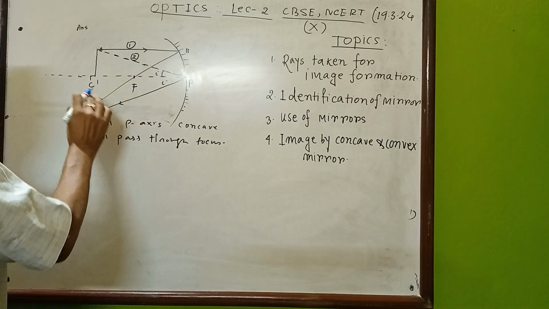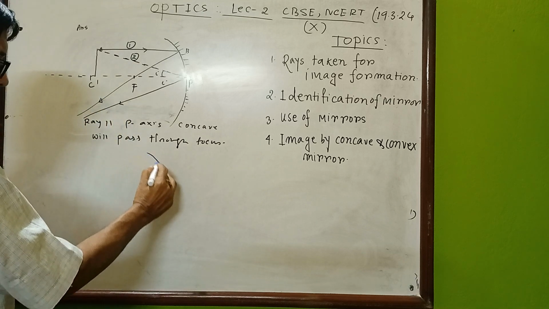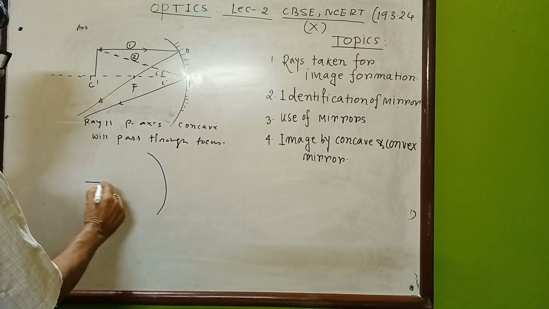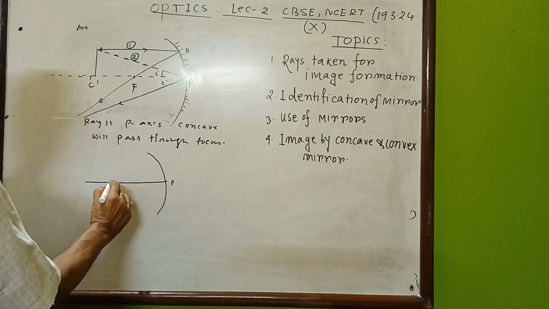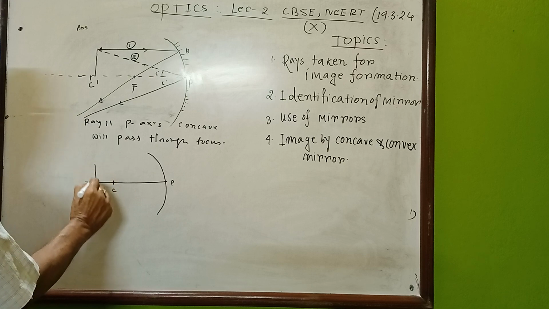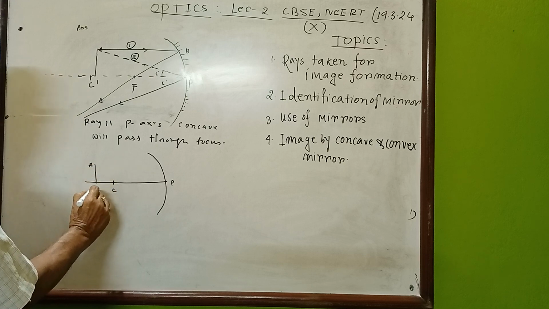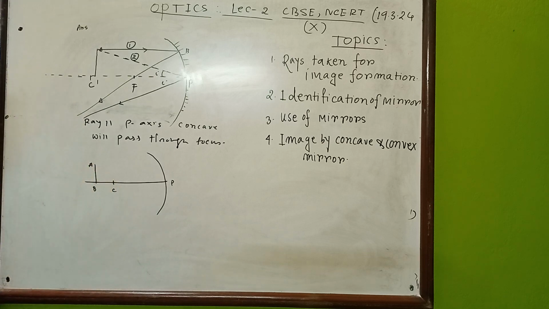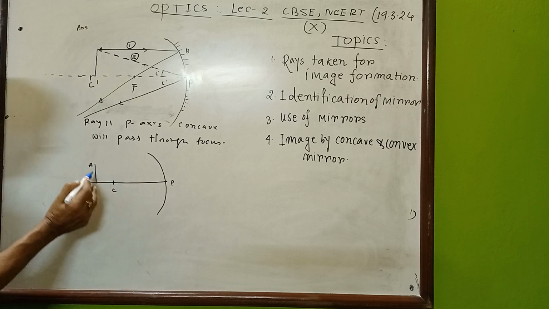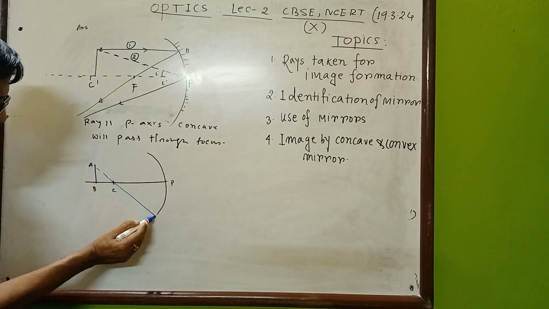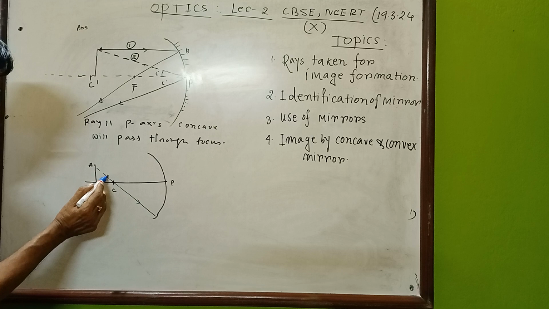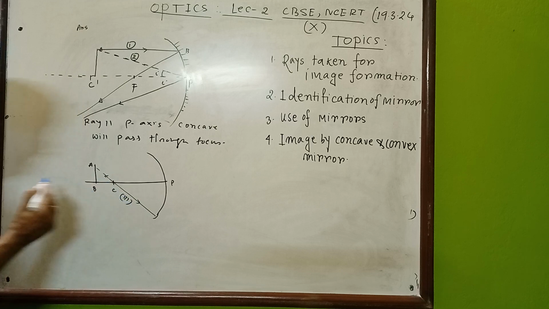Another ray you consider, I am drawing again. Suppose a ray, this is the pole, this is the center of curvature, this is the object. Now any ray passing through the center of curvature will retrace back, ray 3.